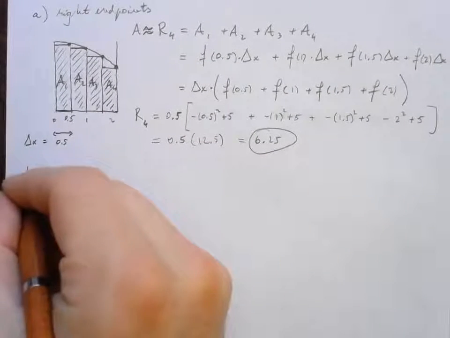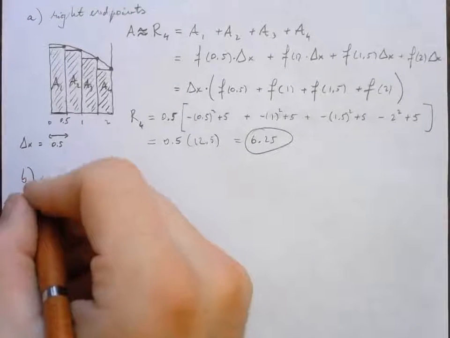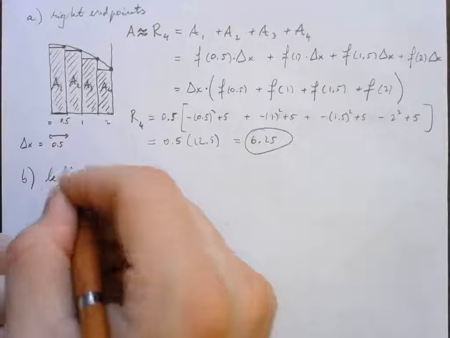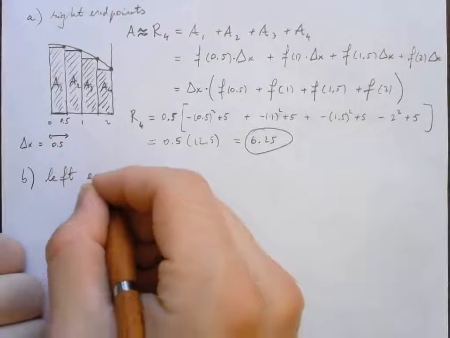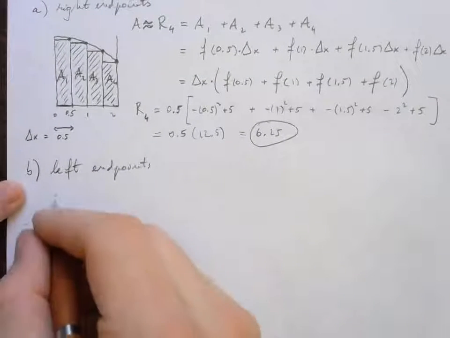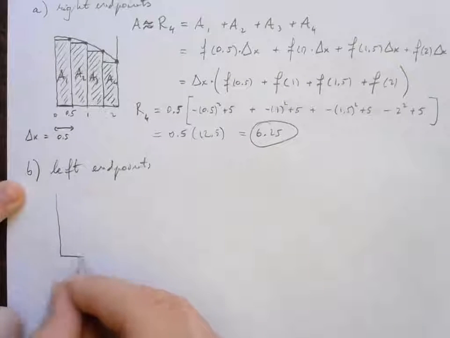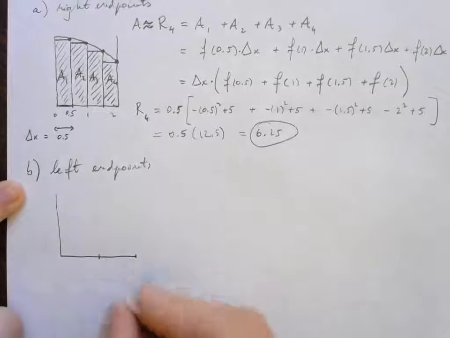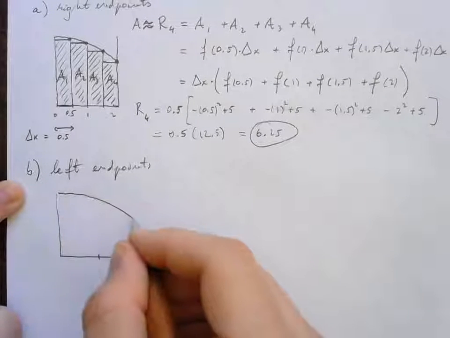Let me show you what is going to be different when you use left endpoints. So again, here's the function. I'm going to make this a little bit wider so you can all see what is happening.